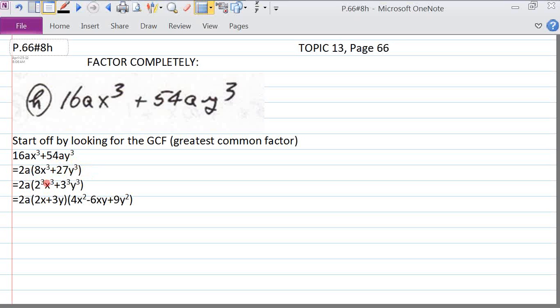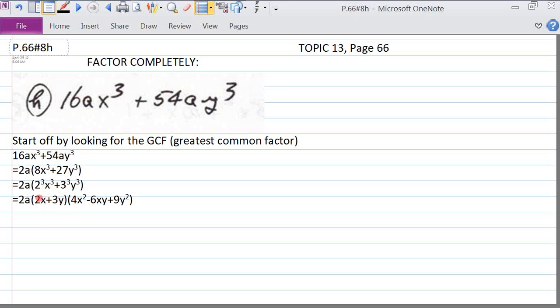So now the key thing is to realize that 8 is 2 cubed. This is x cubed. 27 is 3 cubed. And now we've got the sum of cubes here, and we factor that. The 2a is just the 2a. Now here's what we've got to factor. So the 2 here becomes the 2 here. The x becomes the x plus 3y.